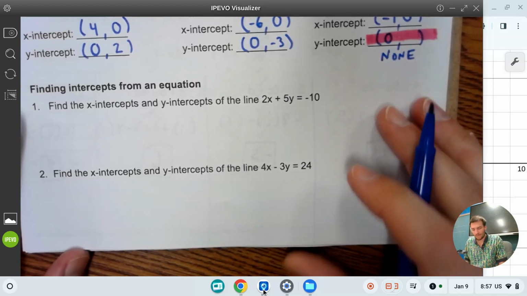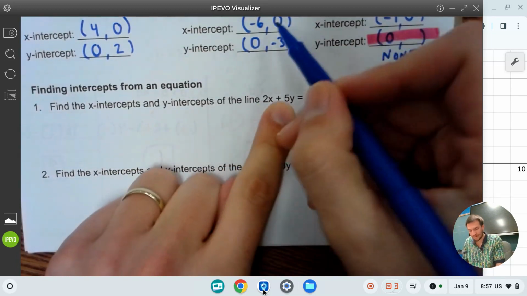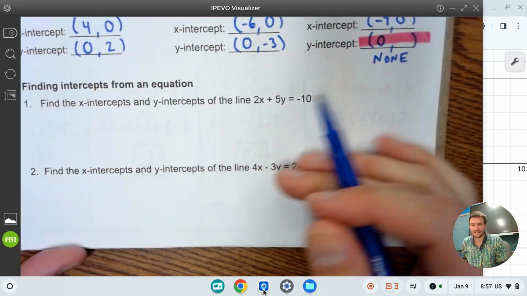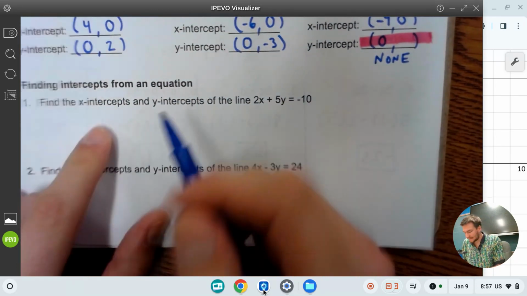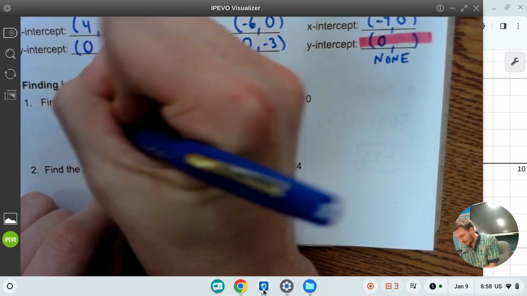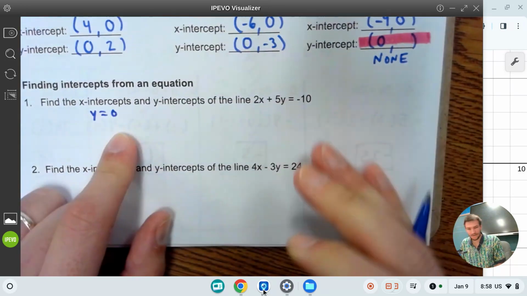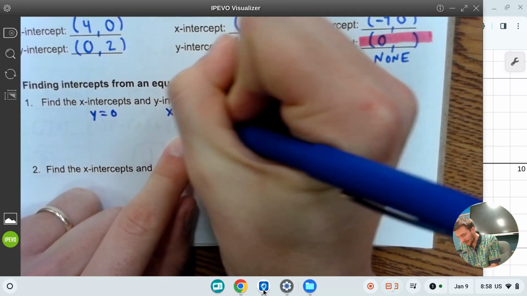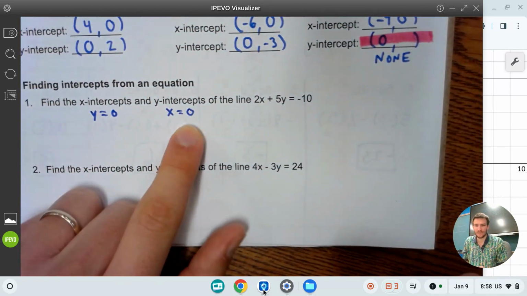Finding intercepts from an equation is super easy, and we're going to use this skill that we know that the x and y values are going to be 0 at these intercepts. So, if we want to find the x-intercept, we know that the y is going to be 0. And if we want to find the y-intercept, we know that the x is going to be 0.